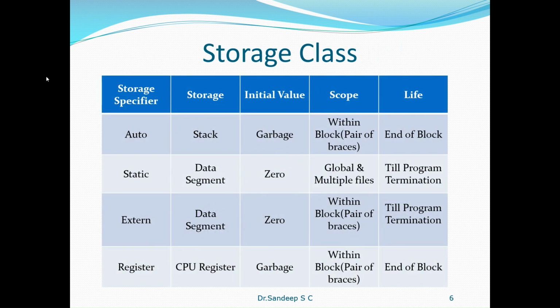Now we see in this table how the storage classes have a store, where it will get stored, what is the initial value, what is the scope, what is the life. Before that, let's understand what is scope and life. Already we know what is the storage and initial value, that is, the default value.